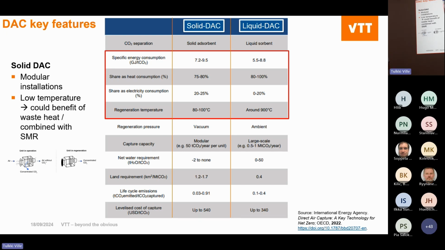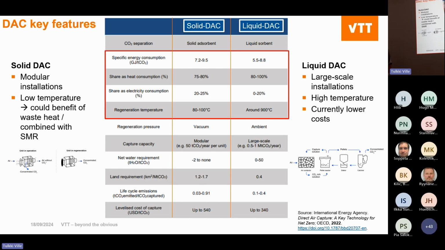Then we have liquid DAC, where for the chemical capturing process we have a liquid sorbent, and it's regenerated at very high temperatures. So here the temperature required is around 900 degrees Celsius. And this is a technology suitable for large-scale installations. Currently, based on an IEA estimate, the cost for liquid DAC is lower than for solid DAC, but the cost of both technologies is still quite high.